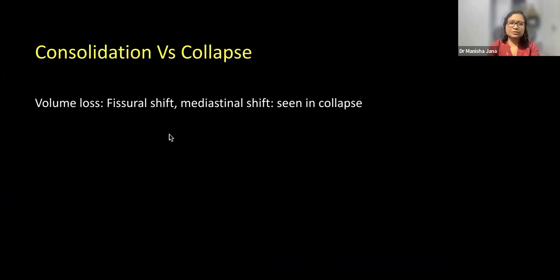Now, one important thing is when to call consolidation and when to call collapse. If there is volume loss associated, that means we see a fissural shift or mediastinal shift, then it is collapse.